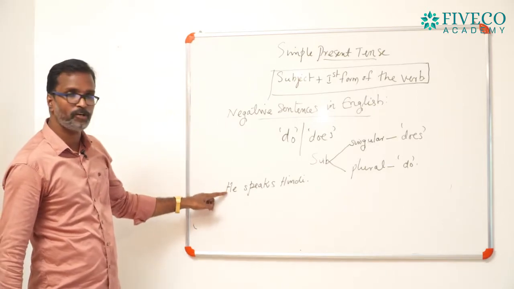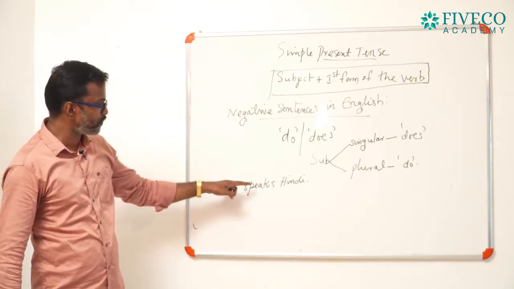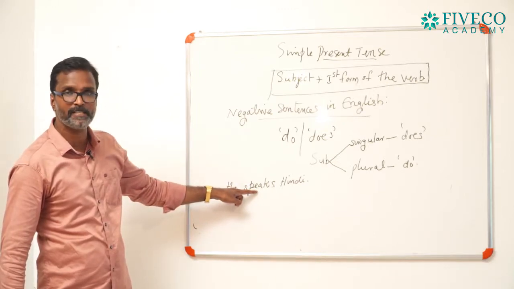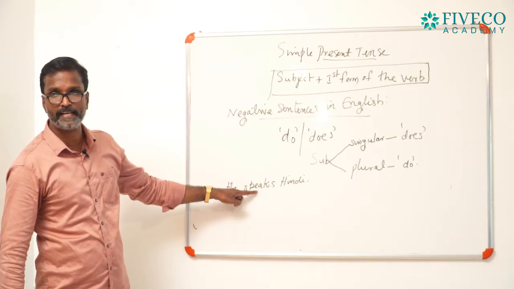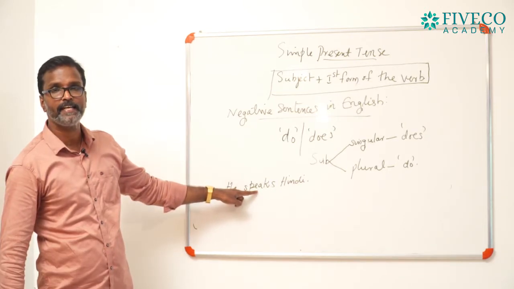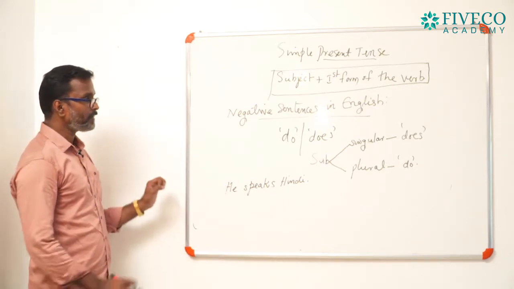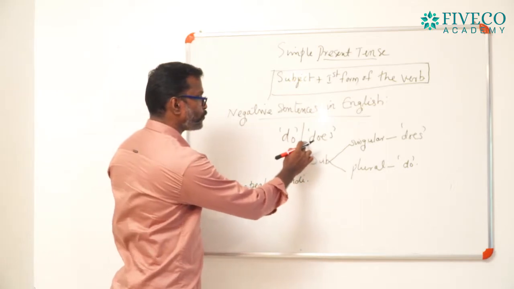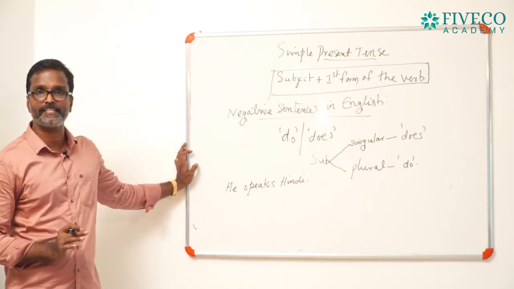Because he is a singular subject. That's why I used the main verb speaks. There is one condition I told you. If the subject is singular, you have to use s or es or ies along with the main verb. He speaks Hindi. And which auxiliary verb can you use? Which auxiliary verb can you select?